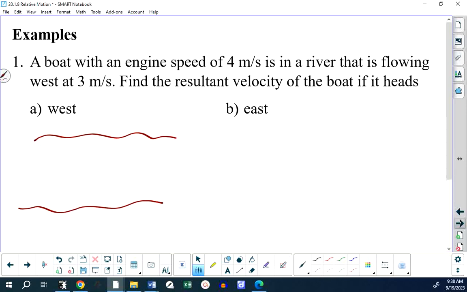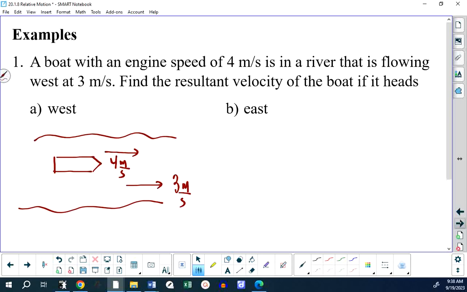We have a river, and the water in the river is flowing west at 3 meters per second. The boat is moving west through the water at 4 meters per second. I hope you understand this is the bug moving in the direction of the walkway.